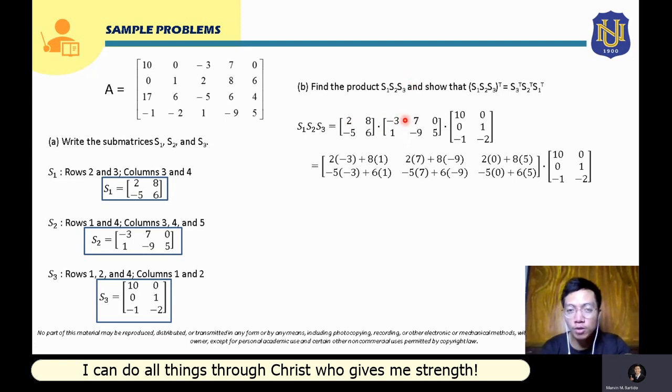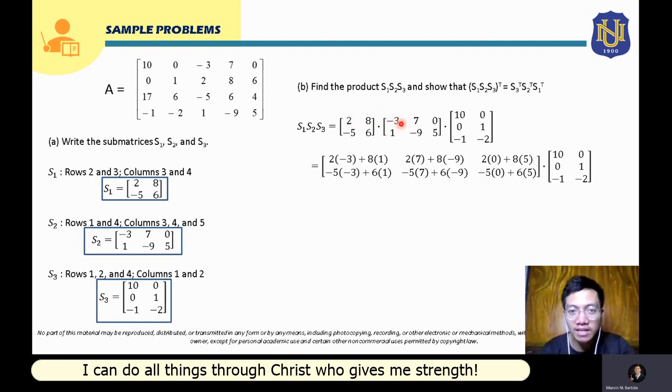Our rule for multiplication is that the number of columns of your first matrix should be equal to the number of rows of your second matrix. This satisfies that condition, therefore we can multiply these two matrices. So you multiply the first row of your first matrix and the first column of your second matrix.